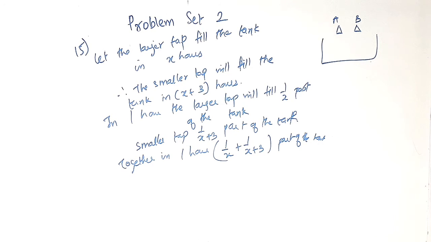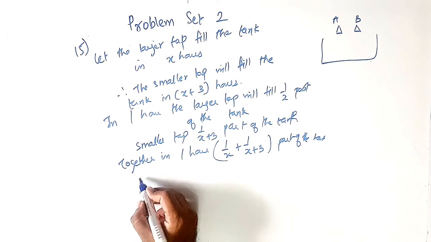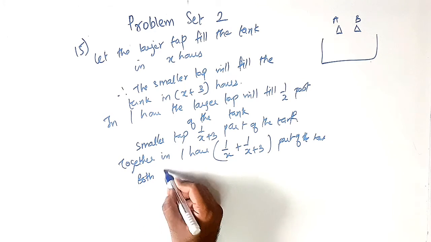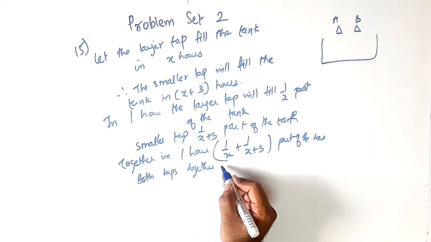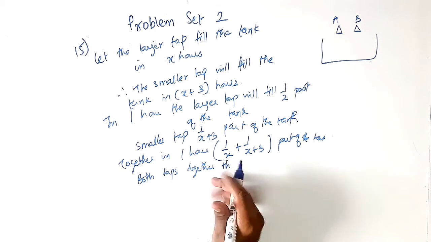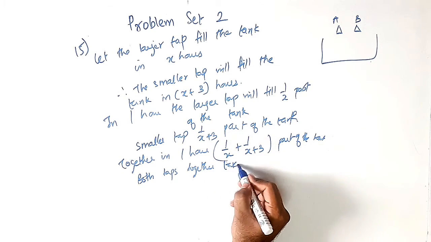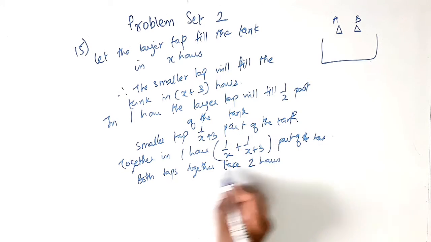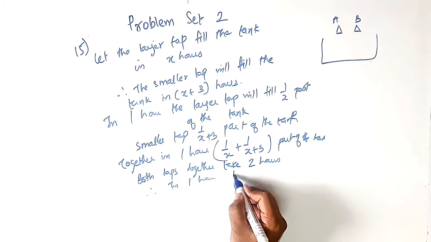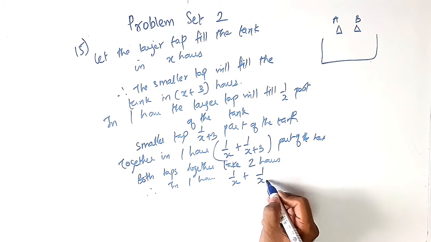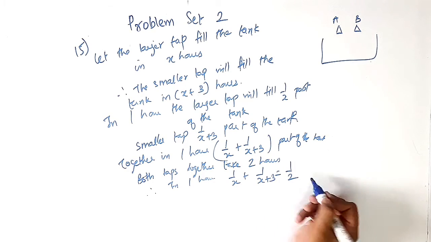Correct. Now both the taps together take 2 hours. So in 1 hour, both taps together, it is given they take 2 hours. Therefore in 1 hour they will fill 1 upon x plus 1 upon x plus 3 equals to 1 upon 2.